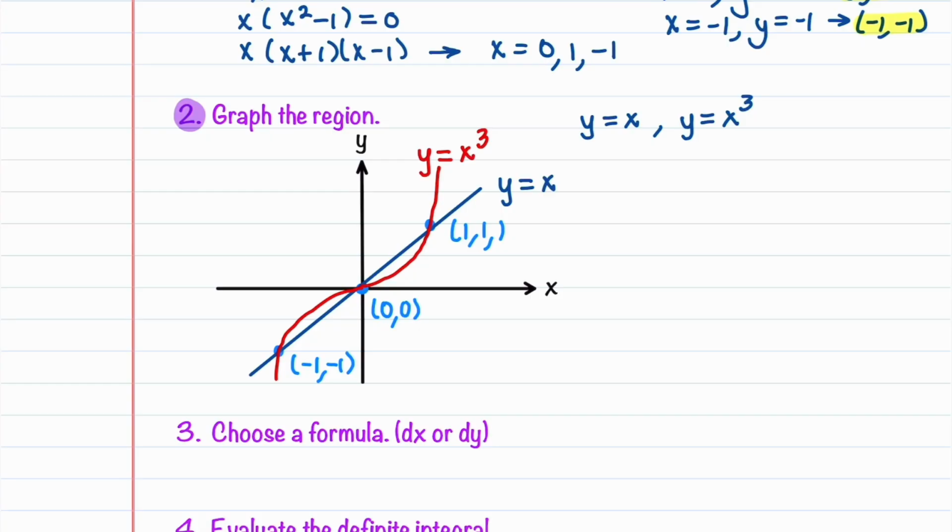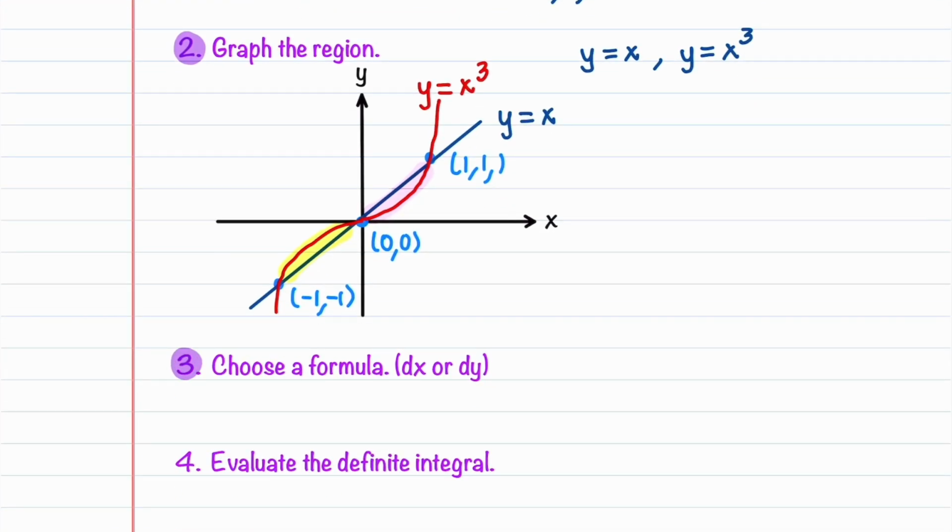I chose to do this problem because I wanted to show you what happens when you have two curves that are symmetric about the origin. When this happens, the area between the curves when x is negative is the same as the area between the curves when x is positive. Because of this, we can save some time and just integrate from 0 to 1 and then just double our answer.